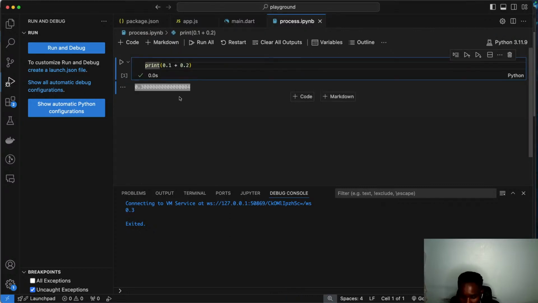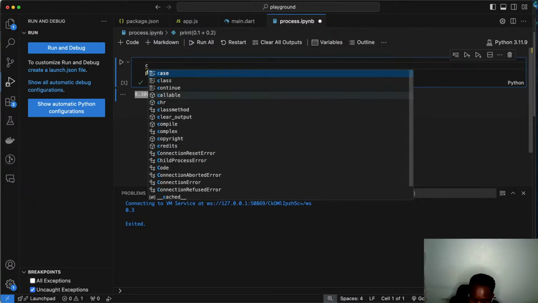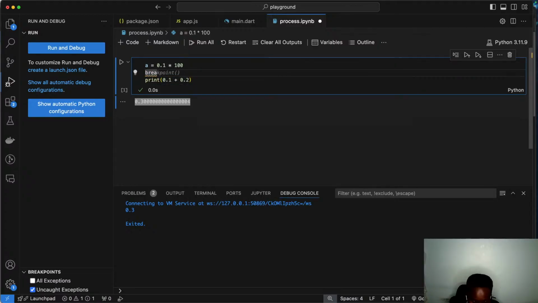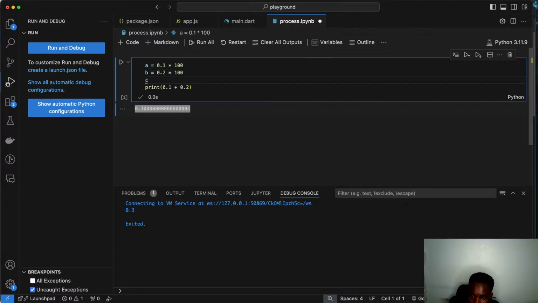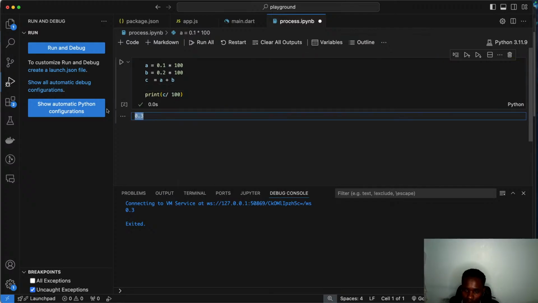Maybe because I used that, I can do the same code in the other two languages, just for someone who can't understand what I just did. So for Python, I just create a is equal to that times 100, b is equal to, and then c is equal to that, then print c divided by 100. The output is the same.